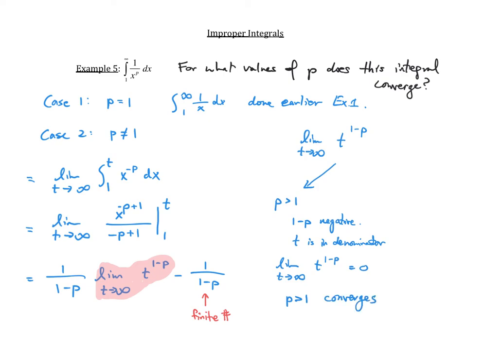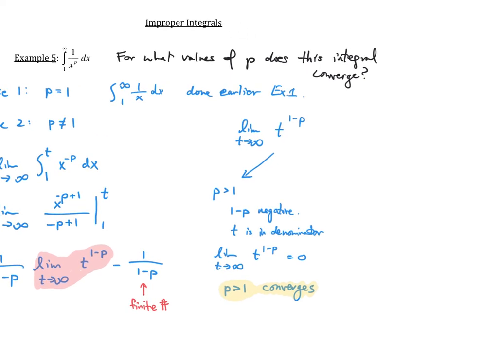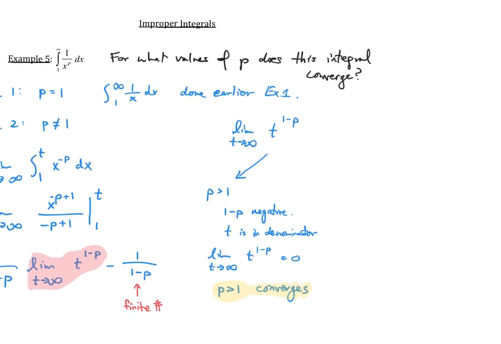Okay. So I'm going to highlight that. This is a very important result for us. Let's take a look at the other case. So in the other case, p is less than 1. When p is less than 1, that means that the exponent 1 minus p is positive, right? And that means that t is in the numerator.